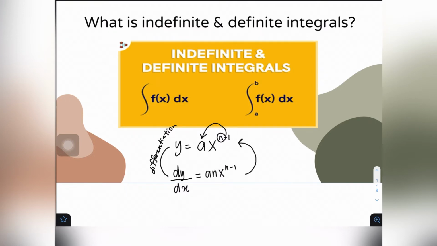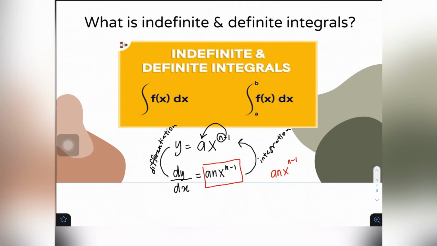So what do you need to do first if you want to do a process of integration? Let's take the one that we already differentiated: a x to the power of n minus 1, which we want to integrate.